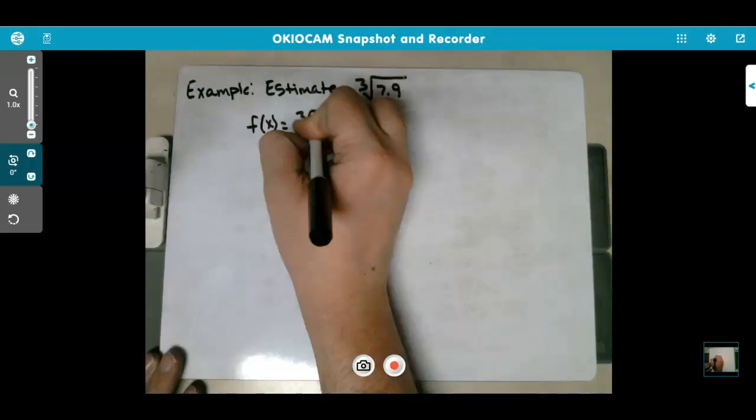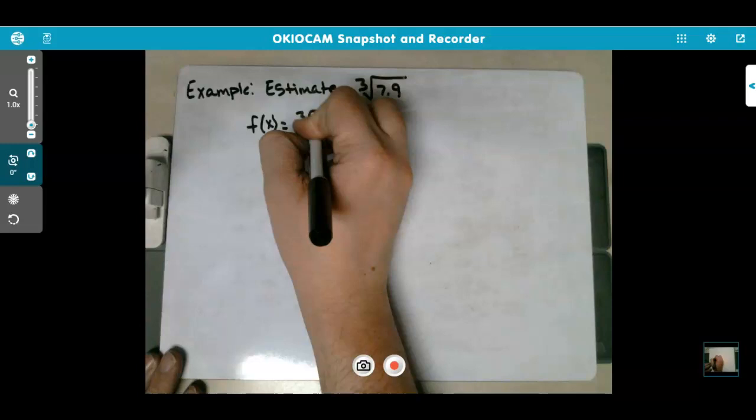So this is really close to 8. And I know what the cube root is for 8. So why don't we let f of x be equal to the cube root of x, because that's what I'm trying to do, right? And let's find the tangent line at x equals 8, because it's really close. Okay. So to find a point, just plug in 8. The cube root of 8 is equal to 2, so I have the point x equals 8, y equals 2.